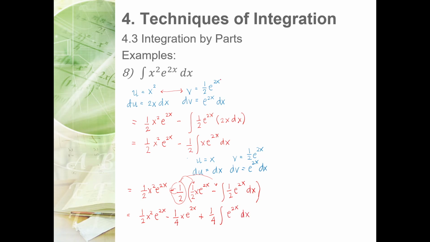And then the final answer, so integrating e to the power of 2x is just 1/2 e to the power of 2x. So final answer would be 1/2 x squared e raised to the power of 2x minus 1/4 x e raised to the power of 2x, and then plus, 1/4 times 1/2 would give us 1/8 e raised to the power of 2x plus c. So this would be your final answer.